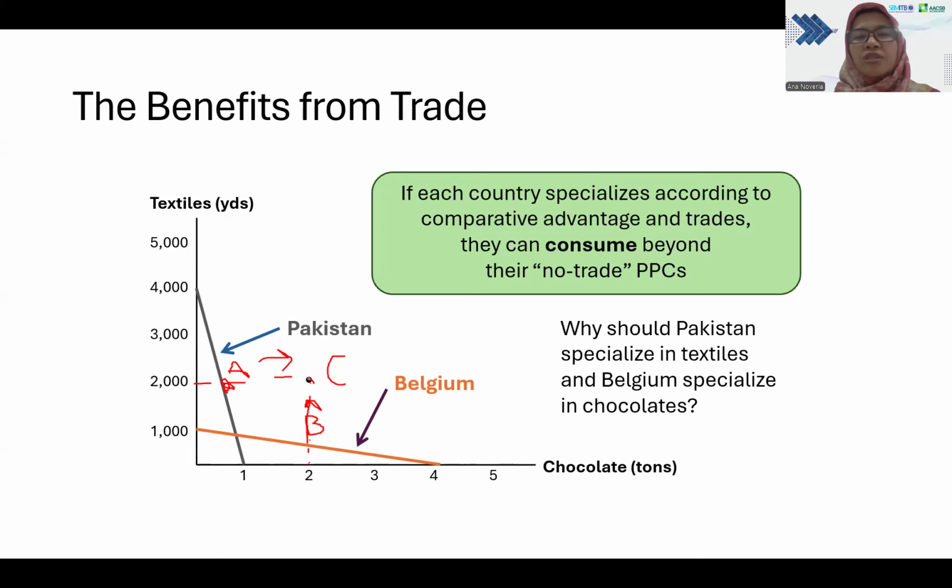If each country specializes according to comparative advantage and they trade, they can consume beyond the no-trade PPC. These two curves are the no-trade PPC, and this is the consumption beyond that, consumption with trade. Yeah, this one.